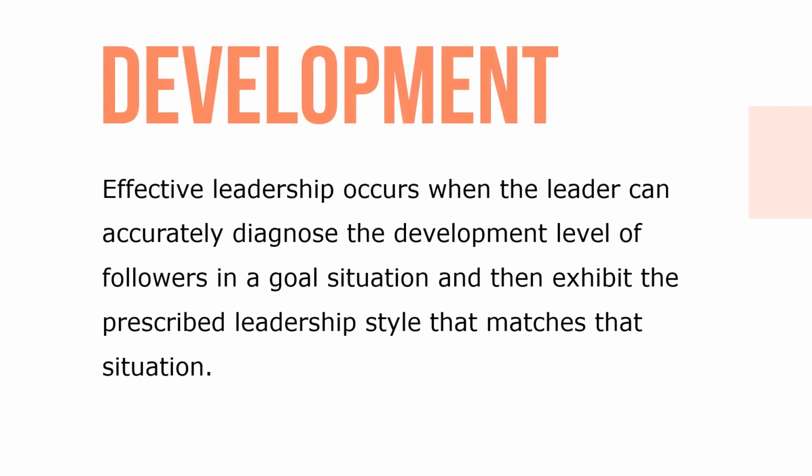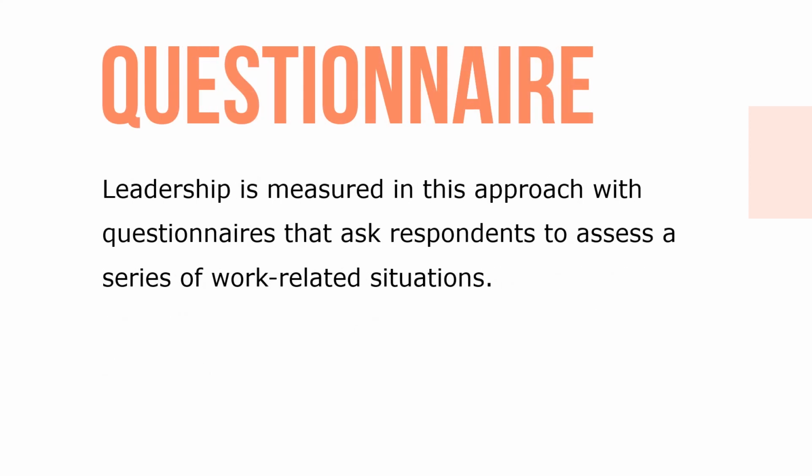Effective leadership occurs when the leader can accurately diagnose the development level of followers in a goal situation and can then exhibit the prescribed leadership style that matches that situation. Leadership is measured in this approach with questionnaires that ask respondents to assess a series of work-related situations.